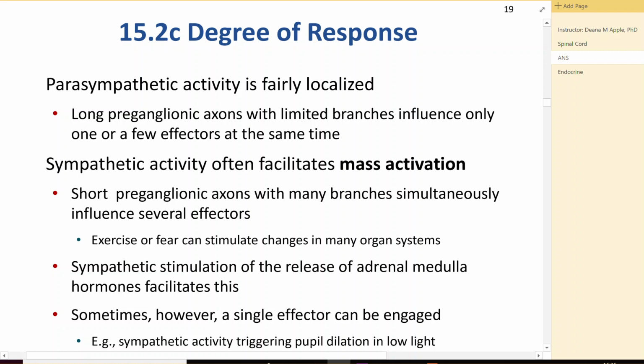Sympathetic stimulation on the adrenal medulla will be the primary location for hormone release that's going to be associated with this response. In my animals, their adrenal medulla is what's releasing the hormones, releasing the cortisol that's causing them to have this fear response. Sympathetic can engage a single receptor, but it's not common. One example of a single receptor being engaged in the sympathetic nervous system is your pupil dilation.